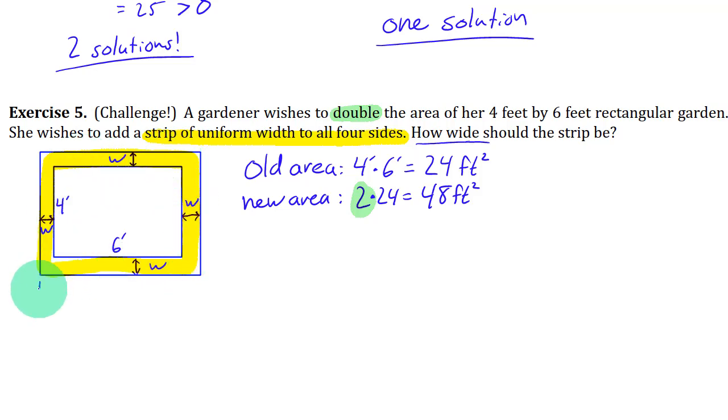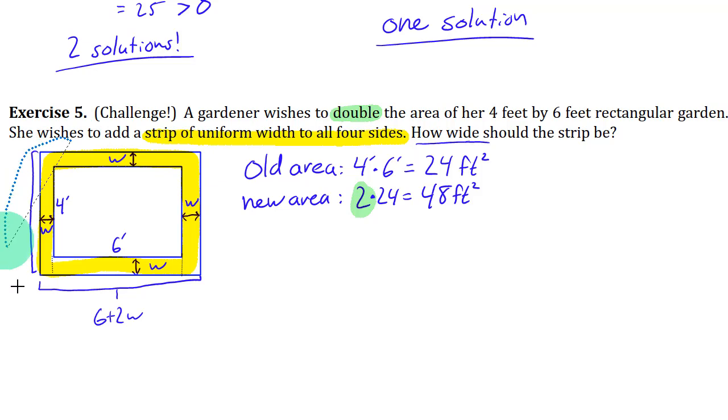Well, let's see, what is the new length and height of the garden? This is 6 feet, but then there's an extra W over here. Draw a little dotted line there. So we got W over here and W over here plus 6. So that new width is now going to be 6 plus 2W.